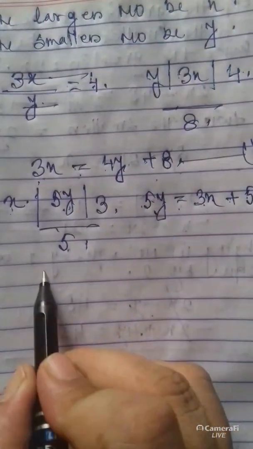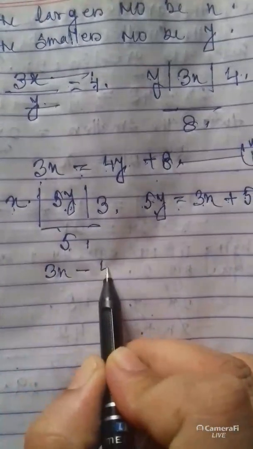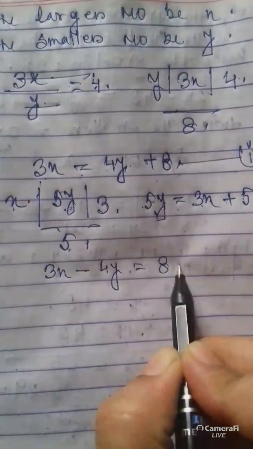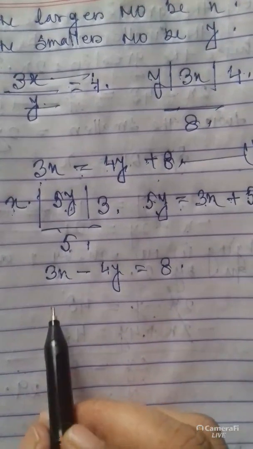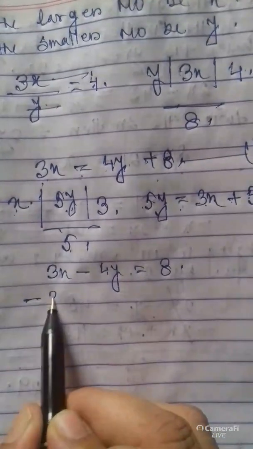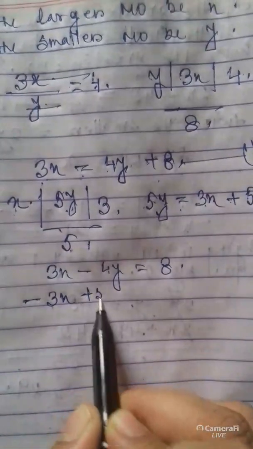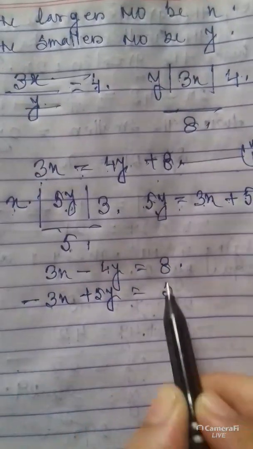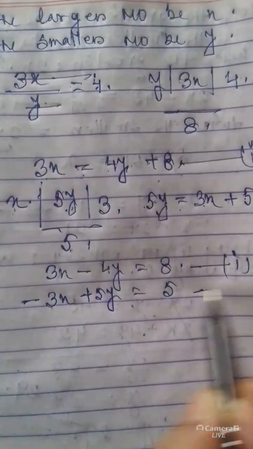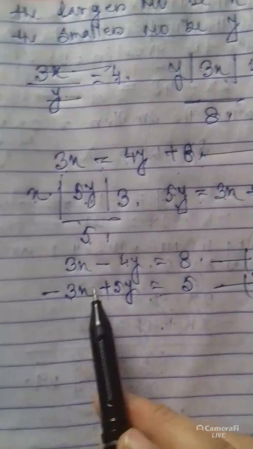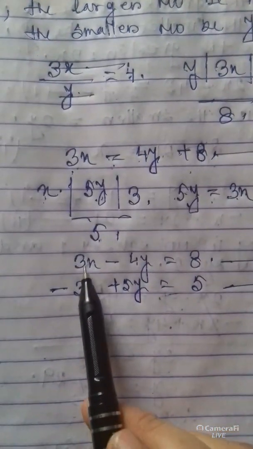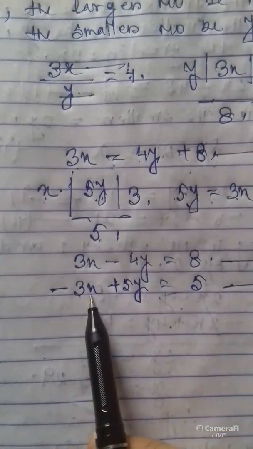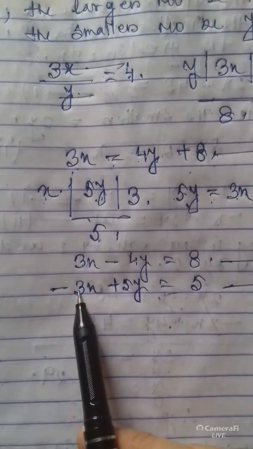Now our first number equation, 3x minus 4y equal to 8. And second number equation, minus 3x plus 5y equal to 5. Here in first number equation coefficient of x is 3 and in second number equation coefficient of x is minus 3.